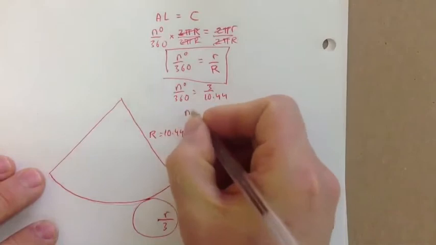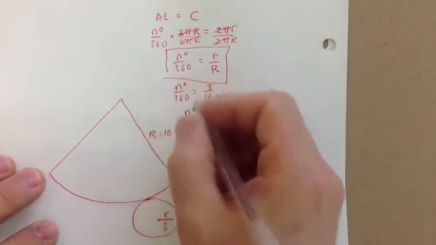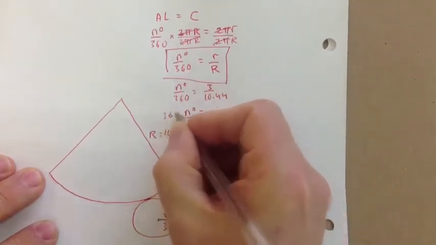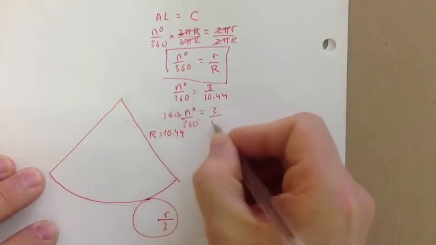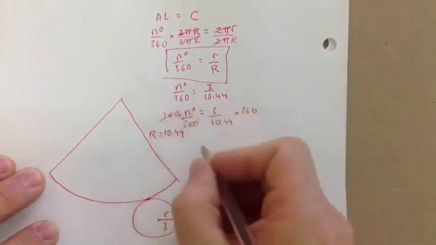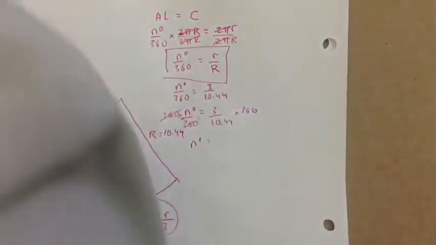Those 360s can't cancel, so n degrees is, and it's handy dandy calculator time.